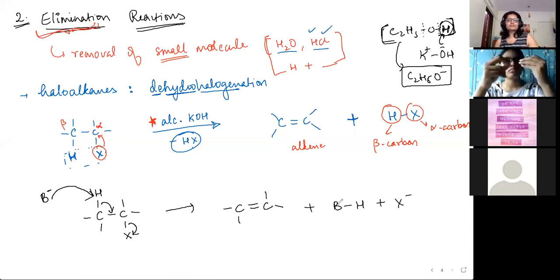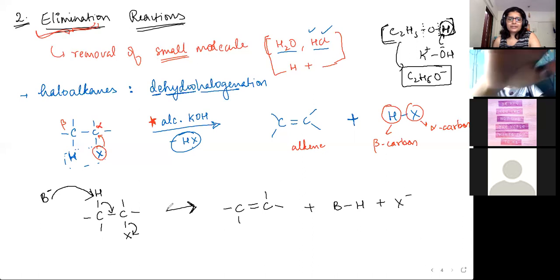Technically this is what is happening if you get into the mechanism, but overall you can see that one HX is getting eliminated. This X minus can take the H plus from the solution and then you get your KOH back, and this gets eliminated as HX.